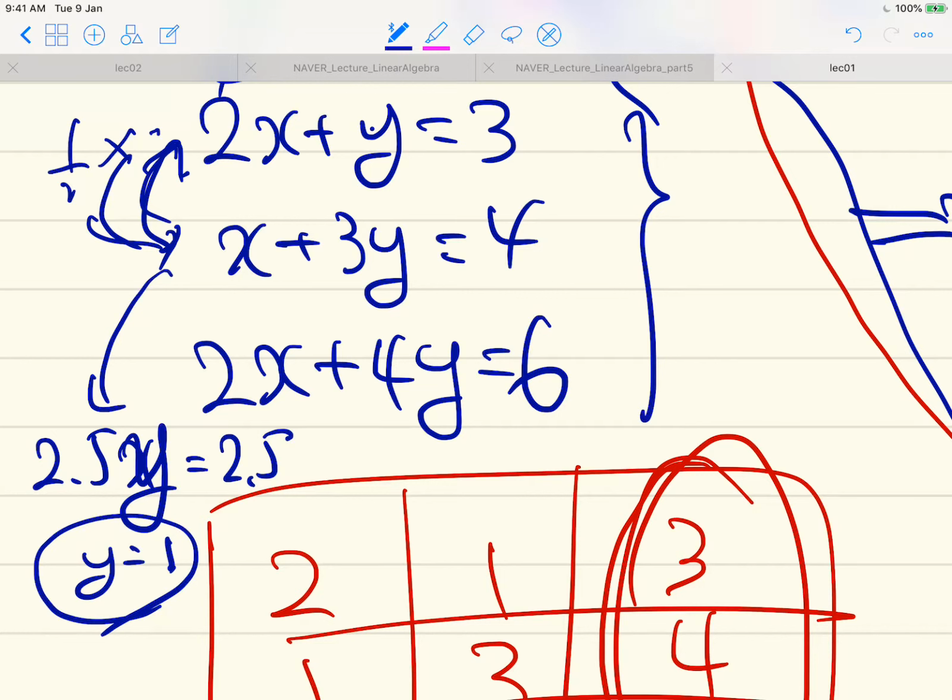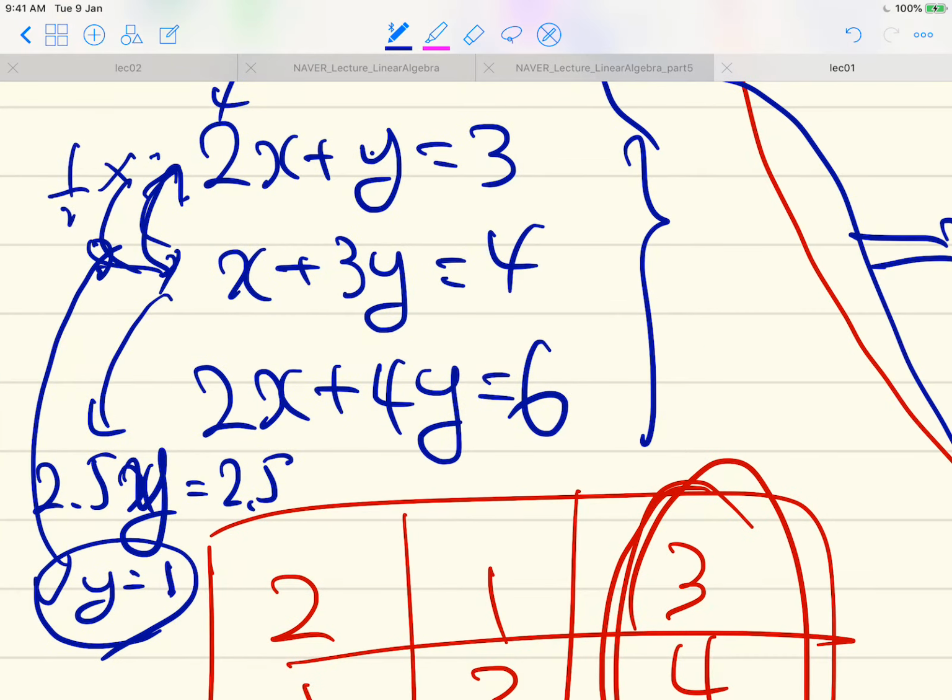So how do we guarantee that this is the solution? That sounds really obvious, but the reason the solution for this is actually the solution of the original system is because our row operations are not changing the solution at all.